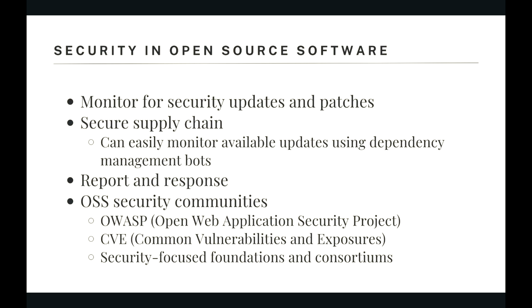And if you like to learn more about web application security, a really good resource is the Open Web Application Security Project cheat sheets. So you can search and have a look at that. And then CVE, or Common Vulnerabilities and Exposures, is a program that assigns unique identifiers to publicly known security vulnerabilities. These IDs are used to track and reference vulnerabilities across the security community.